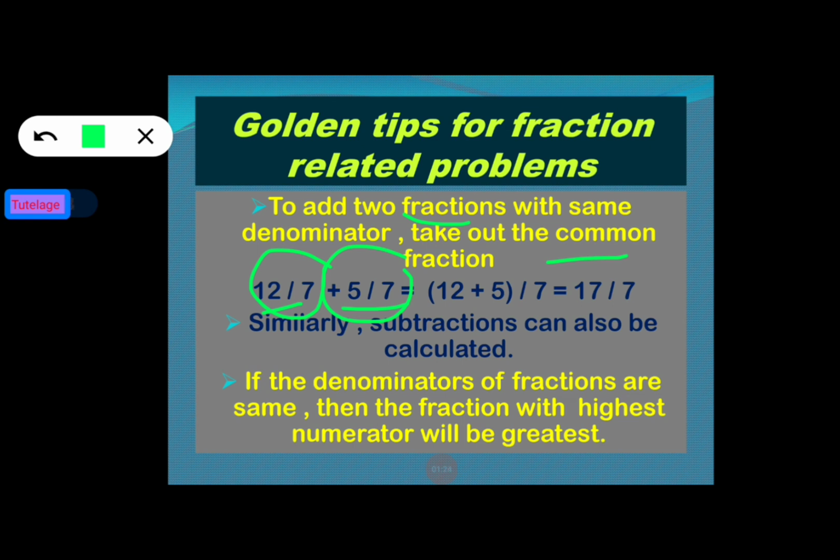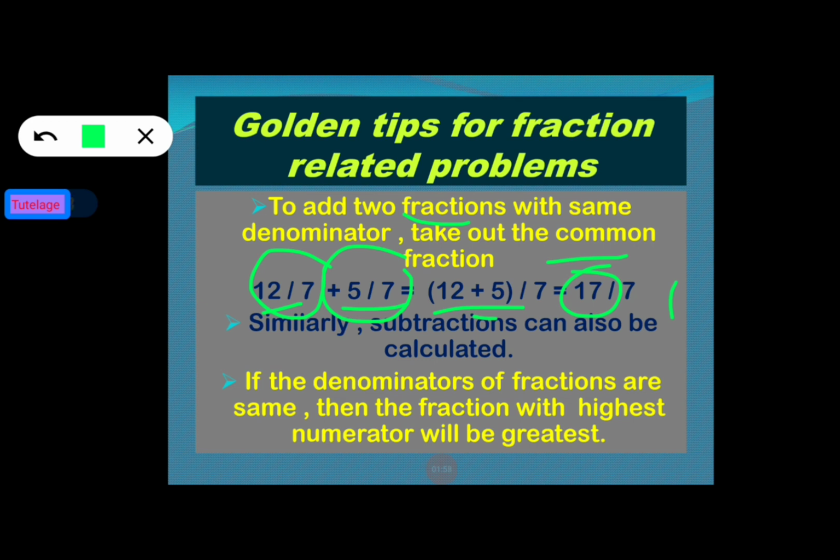Okay. So for adding these two fractions, 12 by 7 plus 5 by 7, just add the numerator portion. So 12 plus 5, not adding the denominator portion, because the denominator is the same in both fractions. So 12 plus 5 is equal to 17, and the denominator is 7.